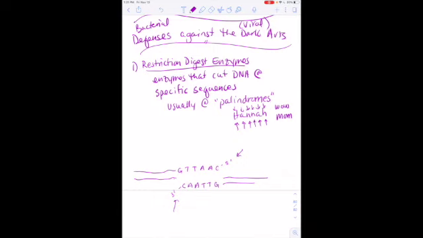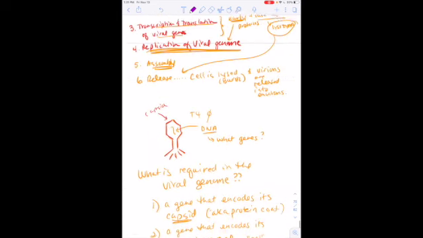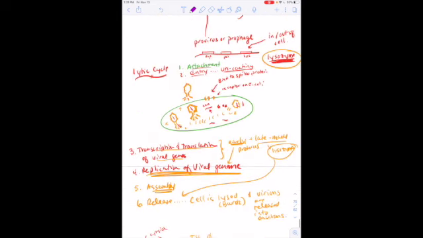Restriction digest enzymes won't cut methylated DNA. So really it's only going to be brand new DNA that they're going to be tempted to cut. So when a new piece of DNA, like this viral DNA here, gets introduced into the cell during uncoating, it's not going to be methylated because it hasn't been hanging out in the cell very long.